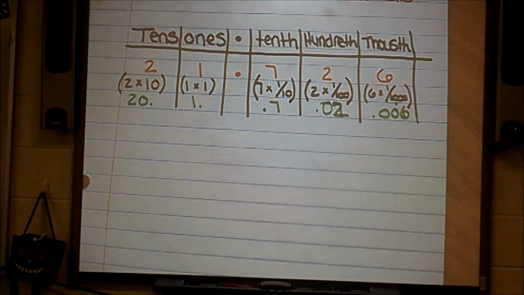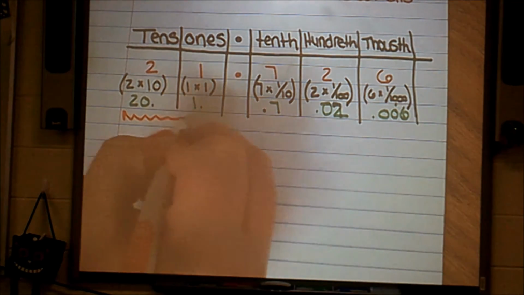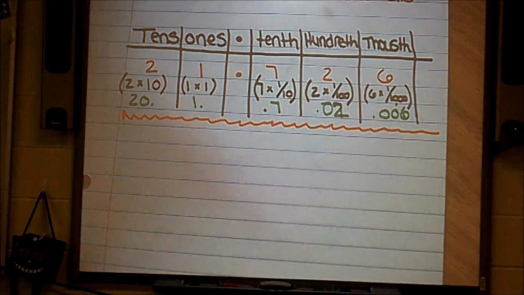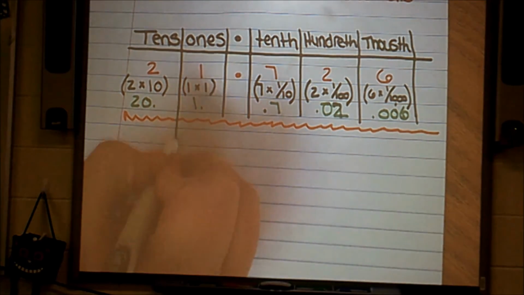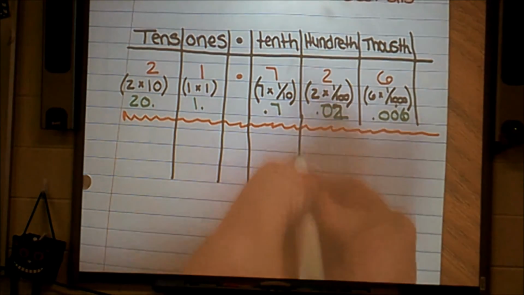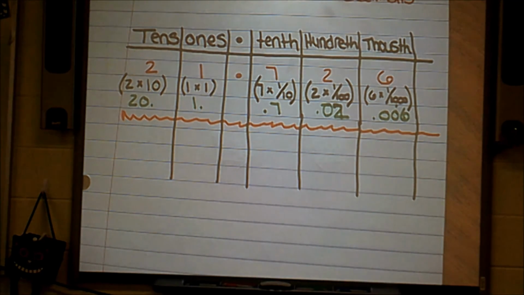Let's try another. Let's identify the number 8 and 805 thousandths.